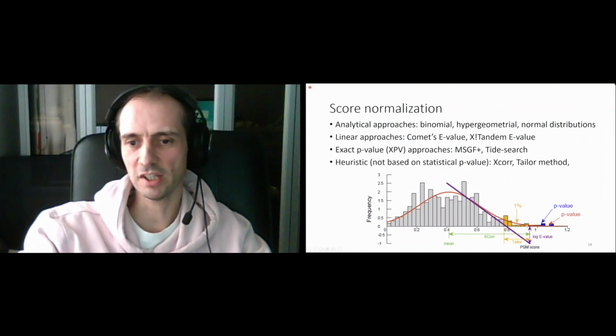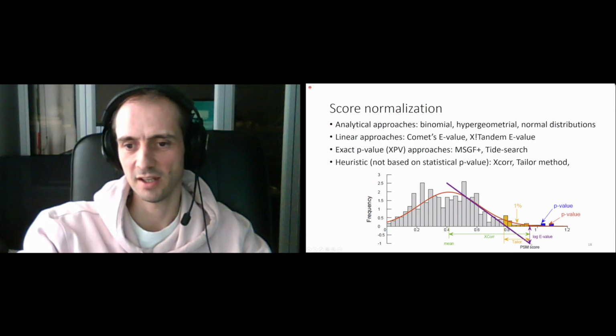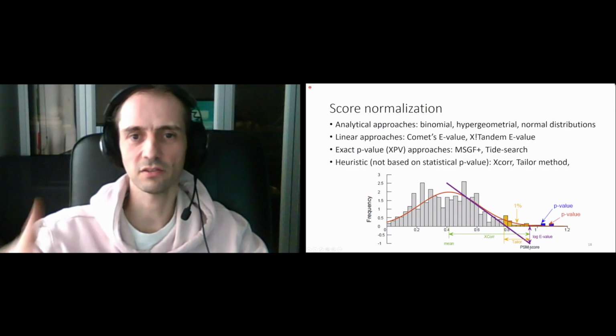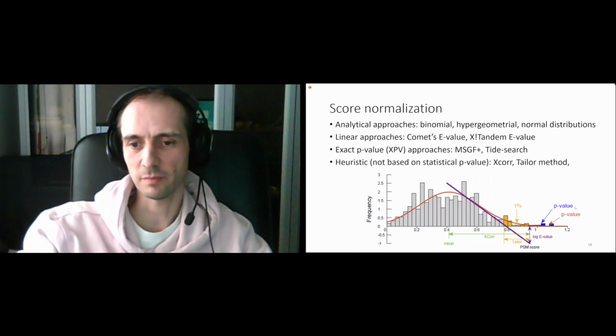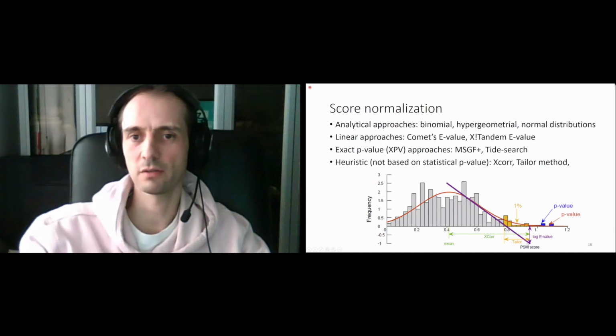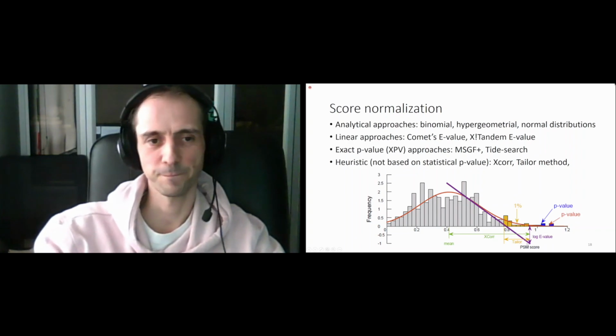And when you have a hit, basically you evaluate this linear line at this position, and whatever you get here is considered as an e-value. For example, if you have a PSM score around here, the e-value would be around -1.